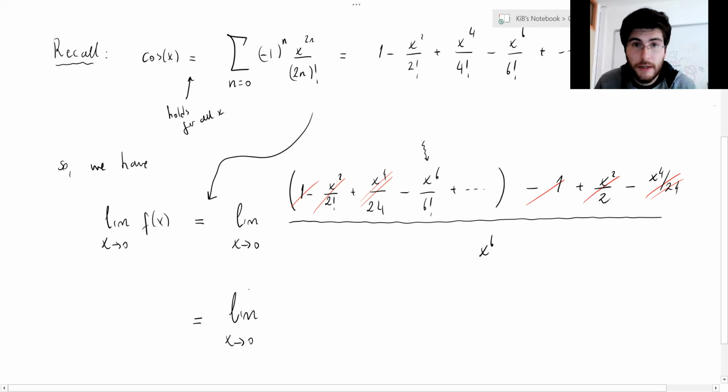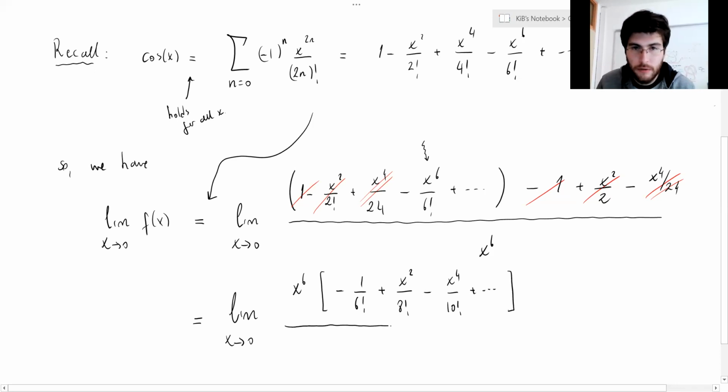So let's factor out x to the 6. What is the first term? Minus 1 over 6 factorial. Remember, the next term is plus x to the 8 over 8 factorial, minus x to the 10 over 10 factorial, and the story goes like this. And we don't have other terms, and that's all.